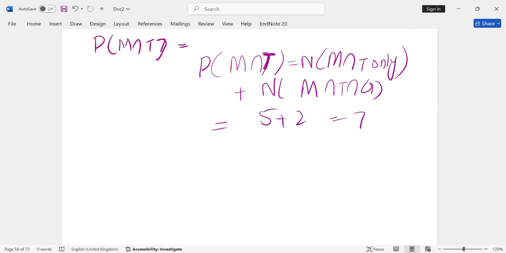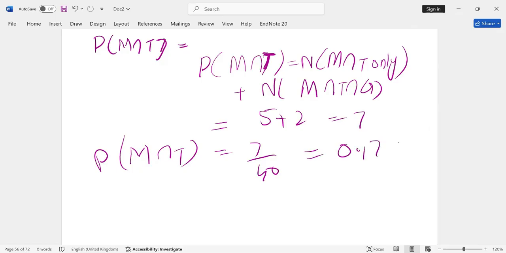So we have P of M intersection of T equals to 7 by 40, and that is equal to 0.175.